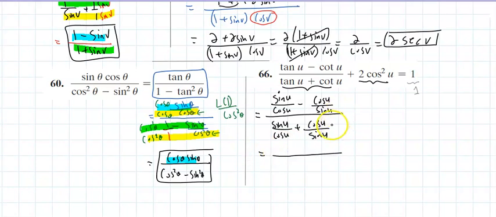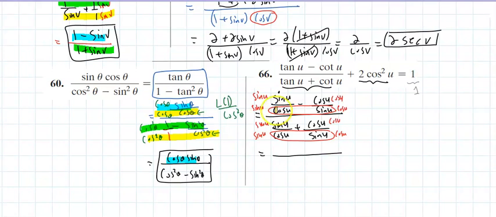Well, if I take this right here, the LCD for the top and the bottom combined is the sine cosine. This is missing a sine. I multiply top and bottom by that. This is missing a cosine. This is missing a sine. And this is missing a cosine. And I will ignore those denominators since they are the same.